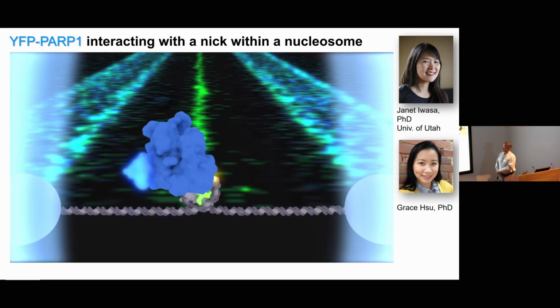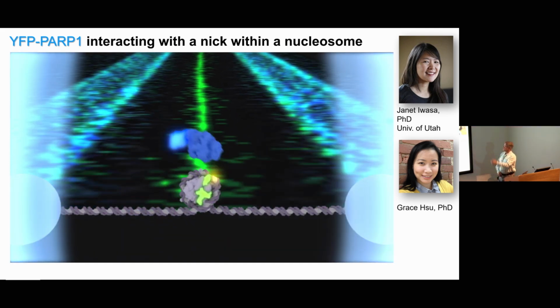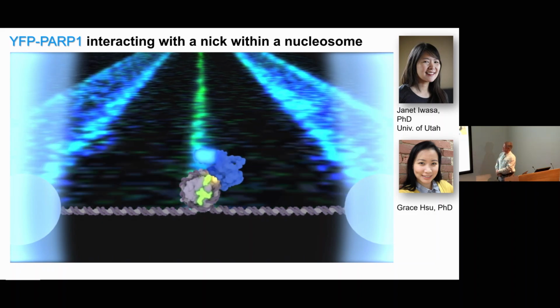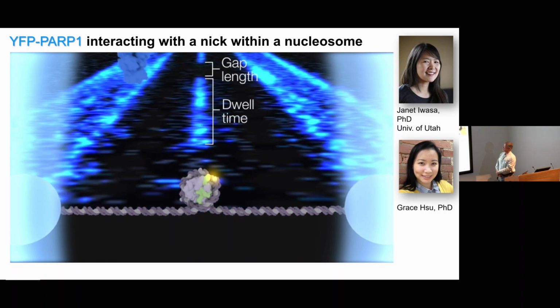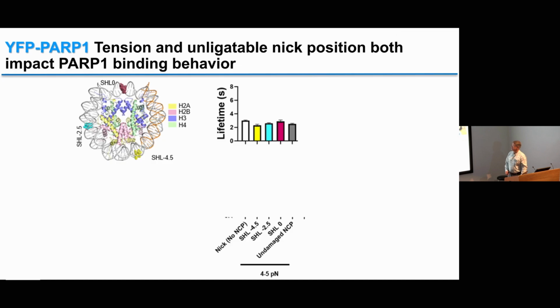And so when it binds, and this is actually a real chemograph that she's adapted, you can see the blue, and then it bound again. So from the gap time and the dwell time, as I said, you can get the KD. And so Matt really worked hard on this. And we were kind of shocked that the naked DNA and all the nicked DNA and even the nucleosome, the dwell times are almost identical.